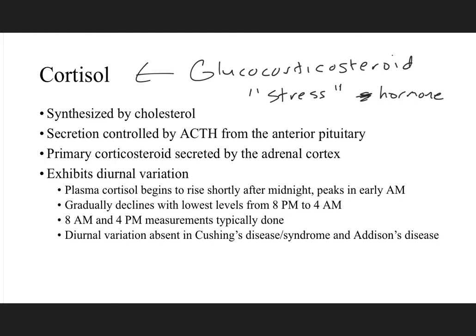Cortisol exhibits diurnal variation. This is one of those steroids that will vary based on the time of day. What you'll see is the highest levels early. We'll get a short little rise after midnight, and then a big peak in the early morning.